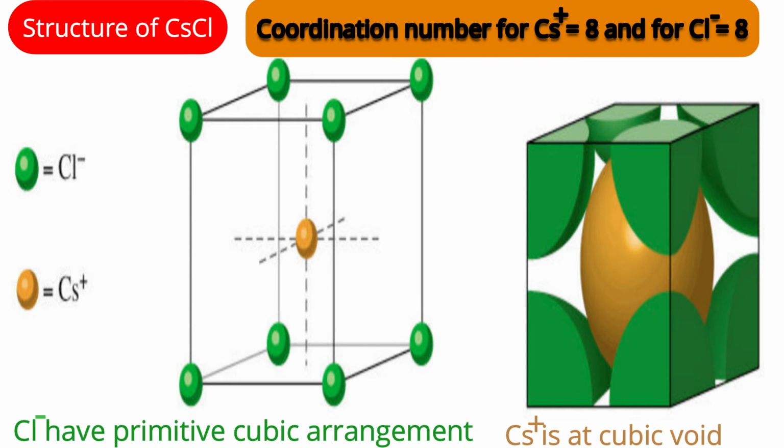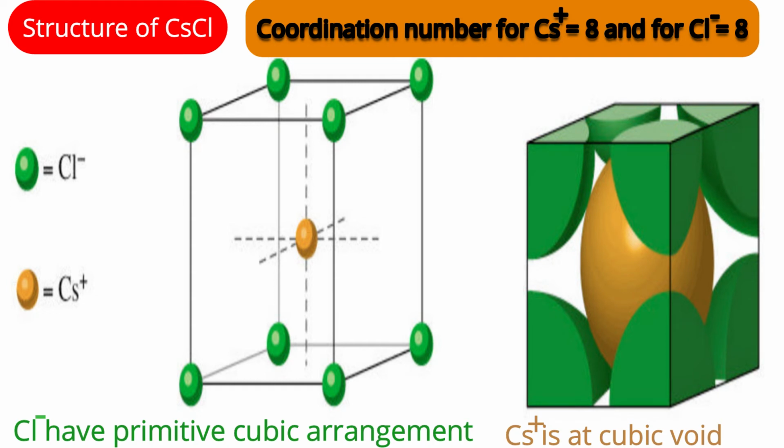Can you count the number of nearest chloride ions surrounding the cesium plus ion? Yes, they are 8. So what is the coordination number of the cesium plus ion? 8. What about chloride ions?